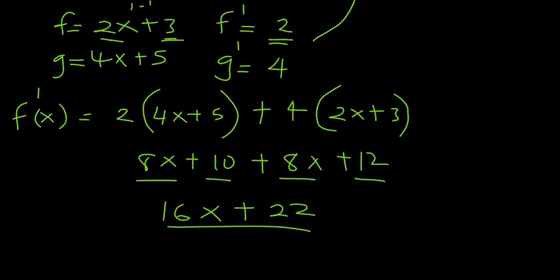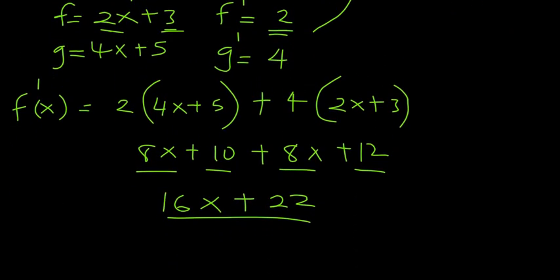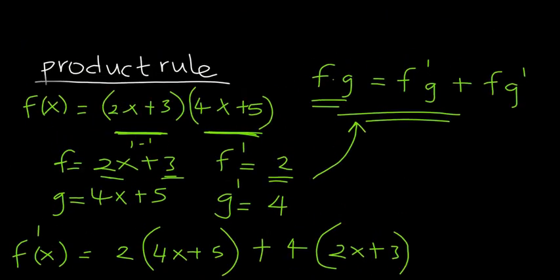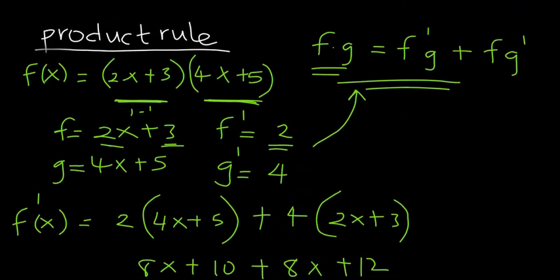I want us to confirm whether this is actually the correct answer, and the way we are going to confirm it is by using not the product rule but the power rule to find the derivative of the same function. First of all, we are going to open these brackets.